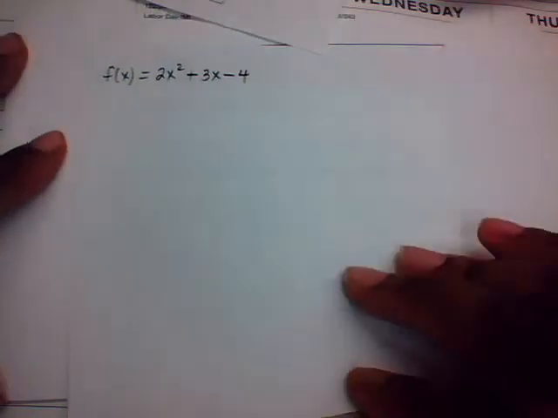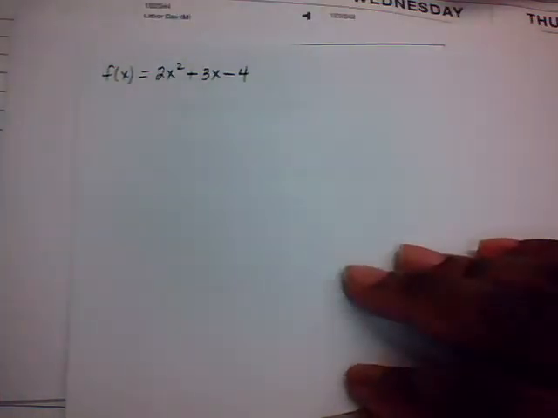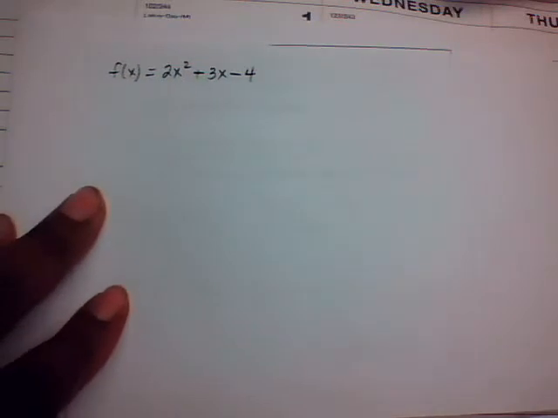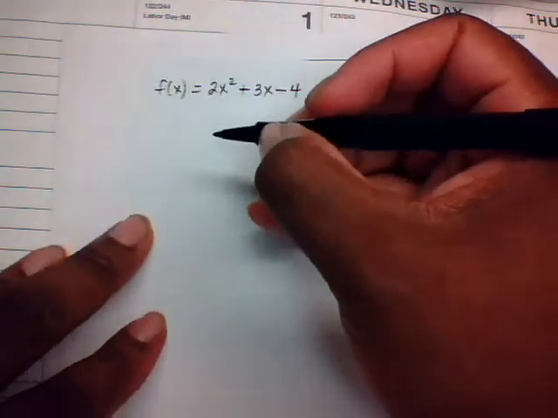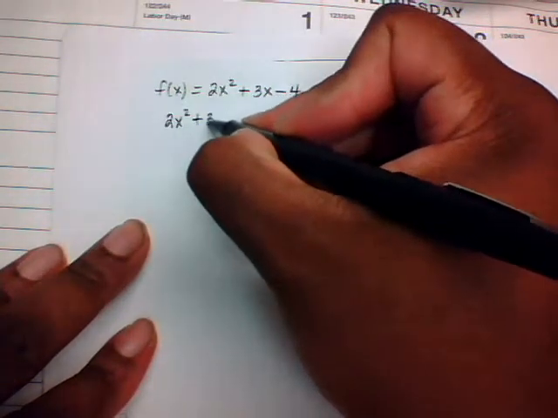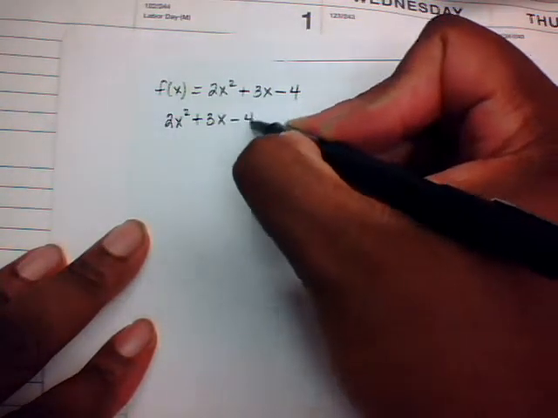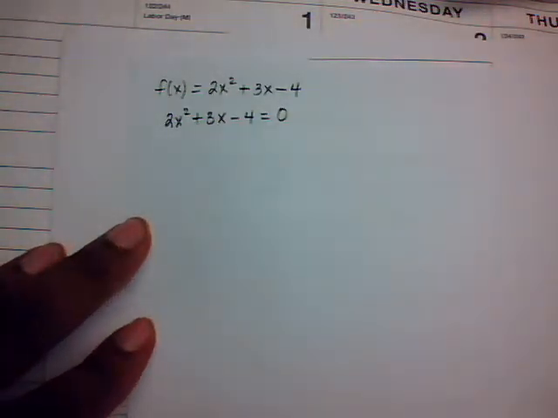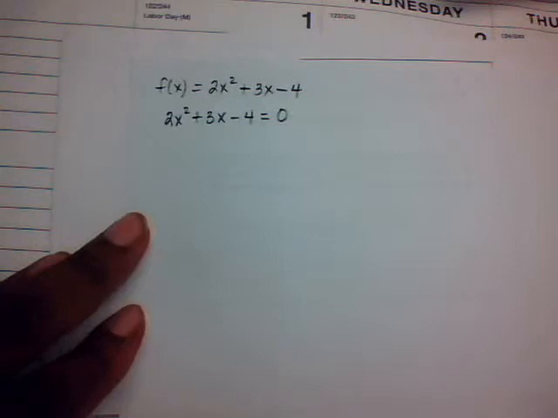Okay. Now the first thing we're going to do here is this. We're finding all the zeros, so that means we need to set this particular function equal to 0. So we'll set 2x squared plus 3x minus 4 equal to 0.